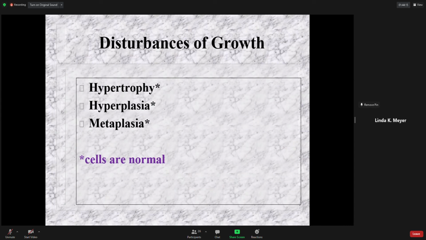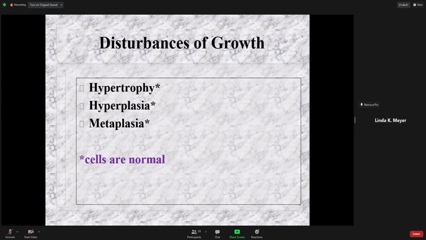All right, let's look at disturbances of growth. What falls under disturbances of growth are hypertrophy, hyperplasia, and metaplasia. And all of these are adaptive, reversible responses.